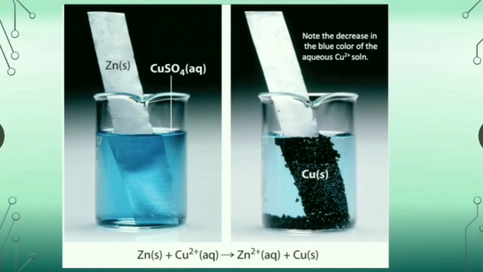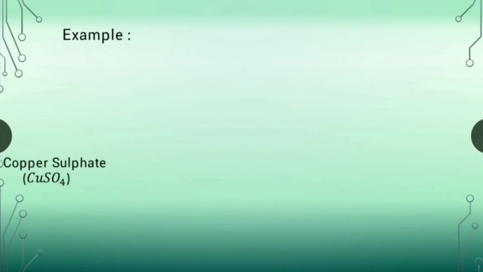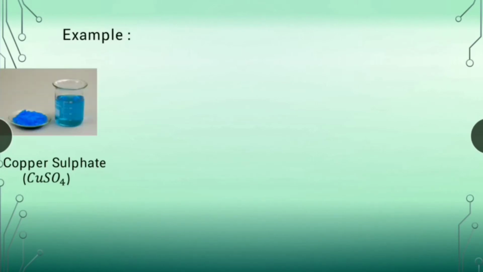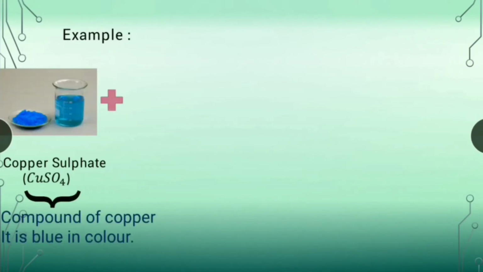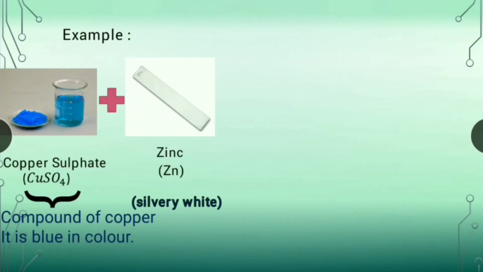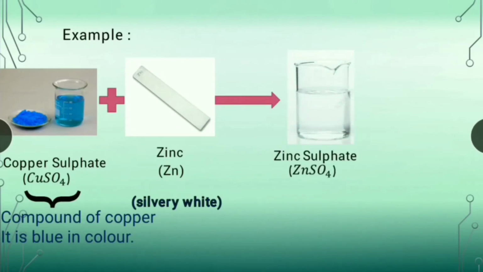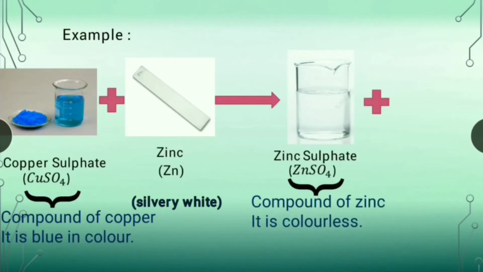This reaction can be written as CuSO4, that is copper sulfate, plus zinc, that is Zn, gives ZnSO4, means zinc sulfate solution, plus Cu, that is copper.